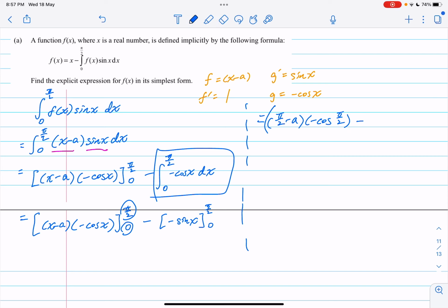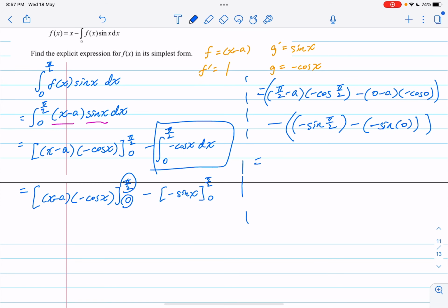Minus 0 minus a times minus cos 0. Done. Okay, the next one is minus sin pi over 2 minus sin 0. Okay, done.